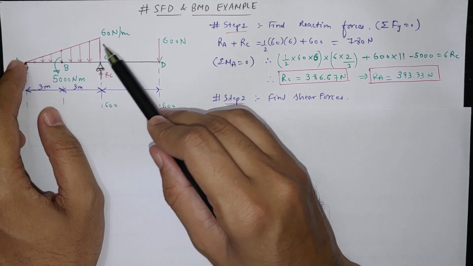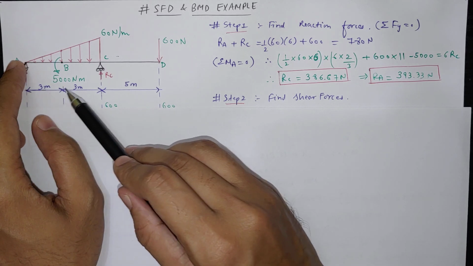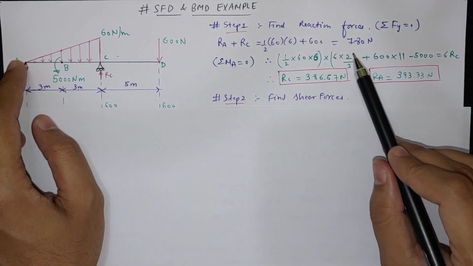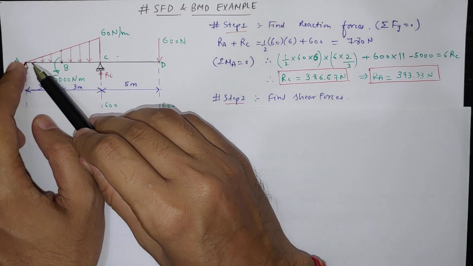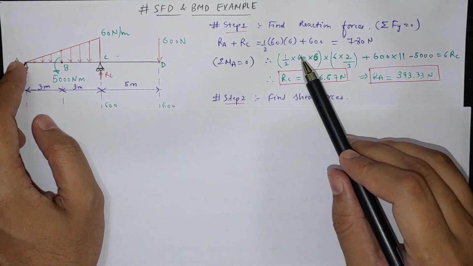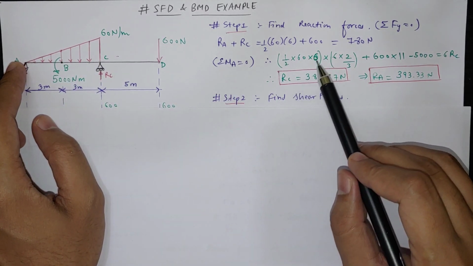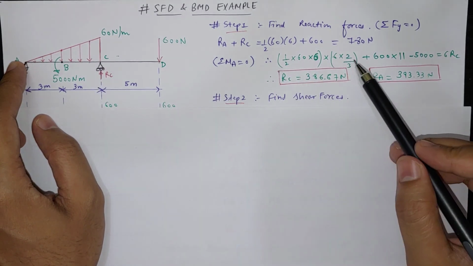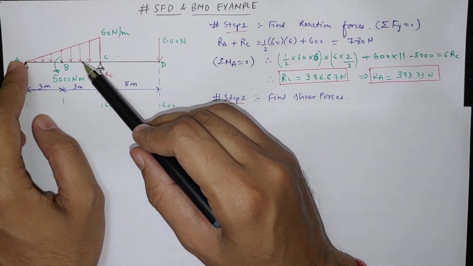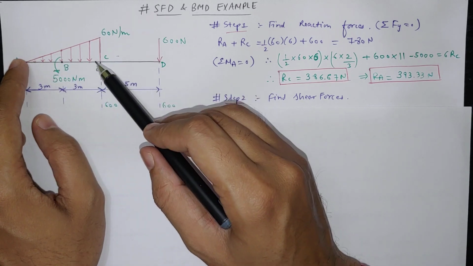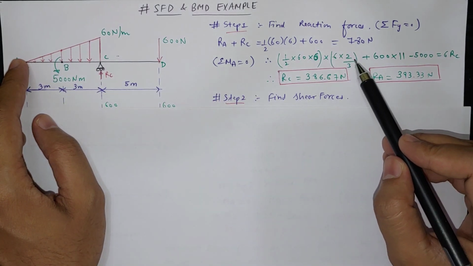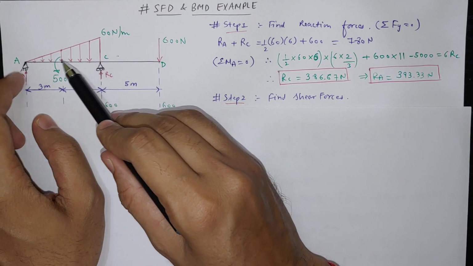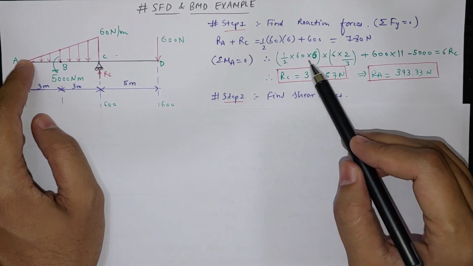So from here to here, 2 by 3 distance will be 6 into 2 divided by 3. So that will be the distance, and the total force which we have calculated, which is area, so half into base into height. So this force will be assumed to be concentrated at 2 by 3 distance, and that will give us the same result as this load. So 2 by 3 of 6 meters, so somewhere here, and the value of load is this much.